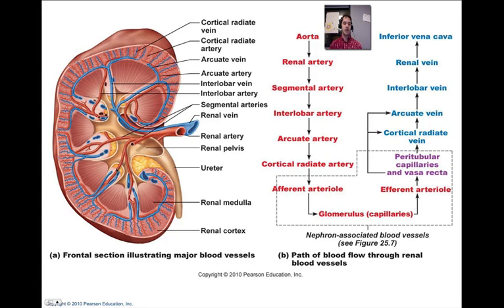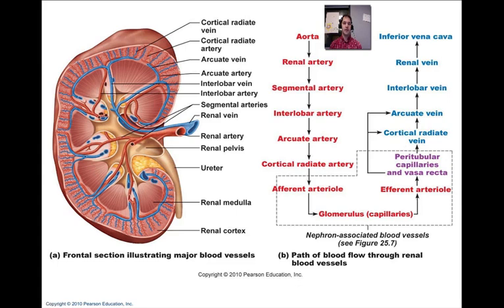The interlobar arteries travel up those renal columns, and then split into the arcuate arteries, here's the arcuate arteries, and then into the cortical radiate artery right here that spreads out into the cortex, and then it gets microscopic, so we can't see it in this picture.